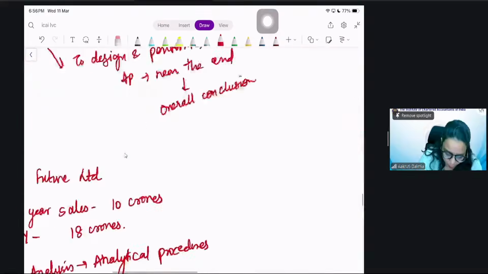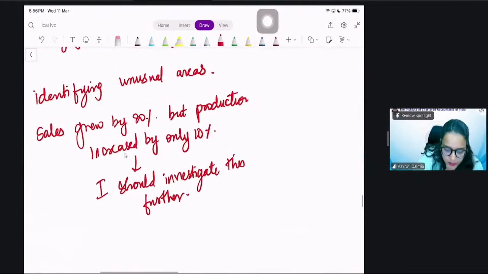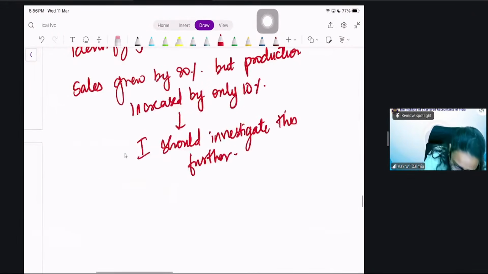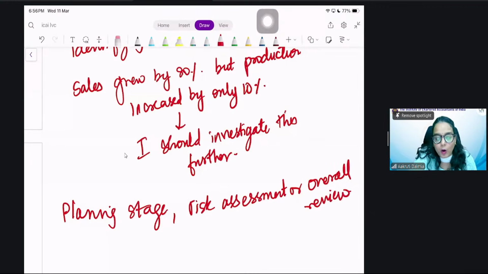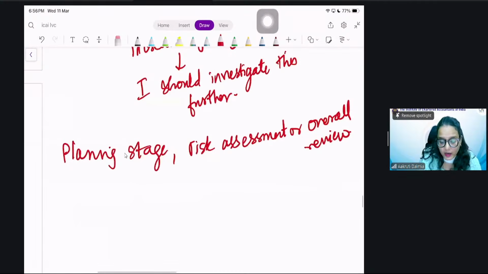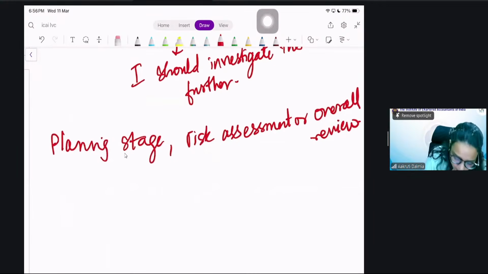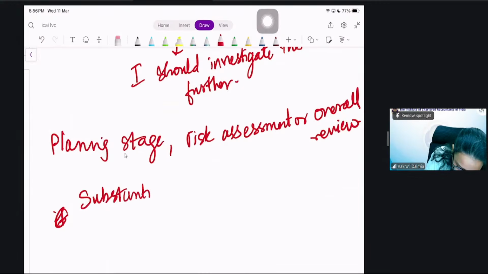This general analysis that I'm doing is usually done in the planning stage, risk assessment stage, or overall review. Now let's see how I will use it as a substantive analytical procedure.